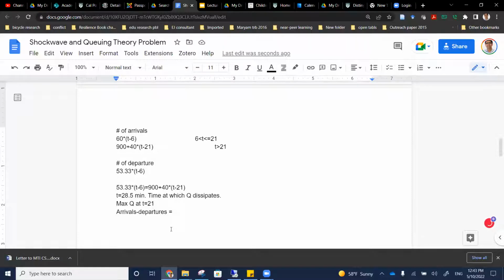Even if you plug in the second one, t equal to 21 makes that term 0.